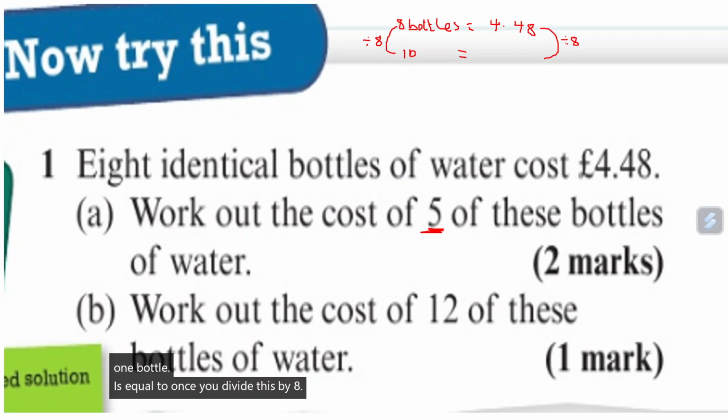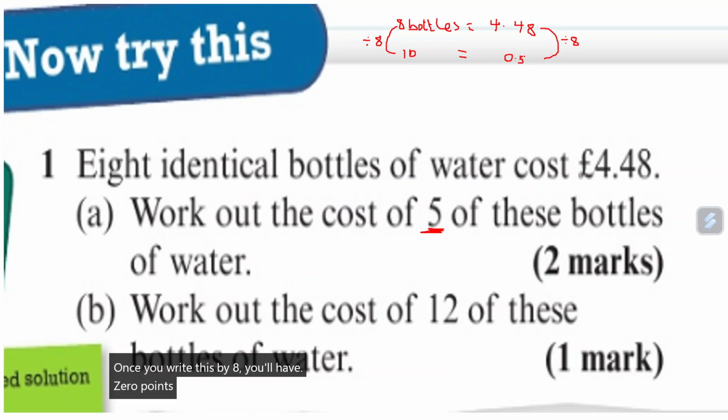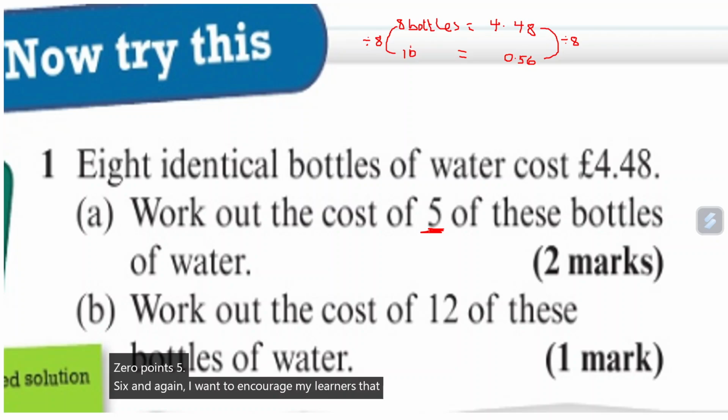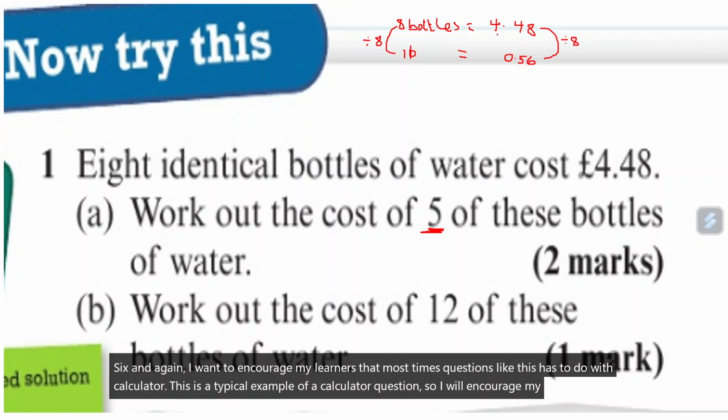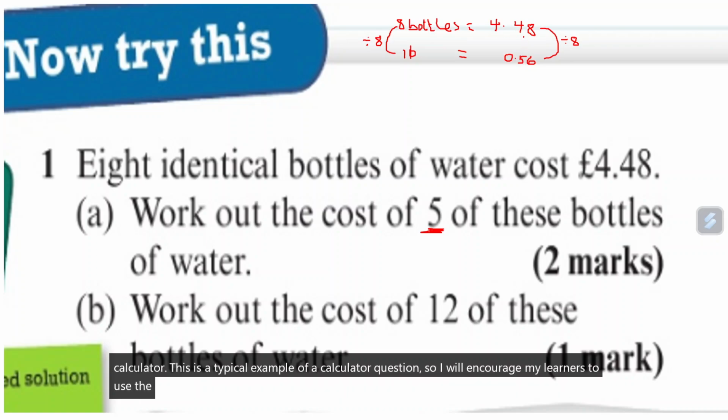Once you divide this by 8, you have 0.56. And again, I want to encourage my learners that most times questions like this have to do with a calculator. This is a typical example of a calculator question, so I will encourage my learners to use the calculator to do this.